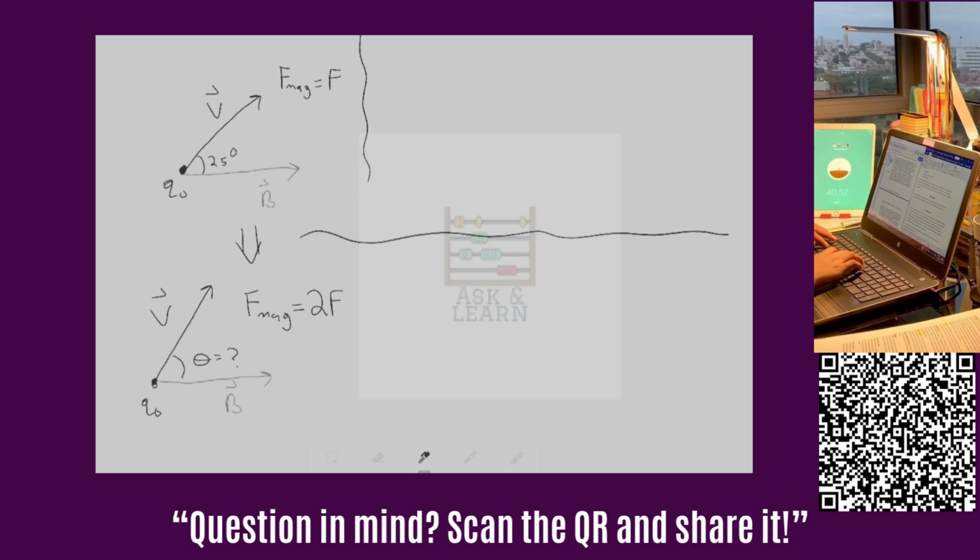So we know that the magnitude of the magnetic force is given by the magnitude of the charged particle multiplied by its speed, then by the magnitude of the field through which the particle is traveling, and then multiplied by sine of the angle between the magnetic field and the velocity vectors. Now, this gives the magnitude of the magnetic force, and that is represented by our letter capital F here. So this is the statement for the magnitude of the magnetic force for our particle in the first scenario.